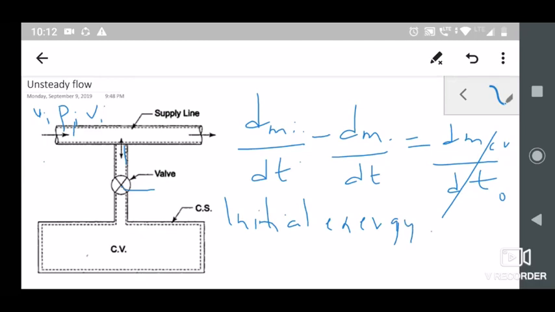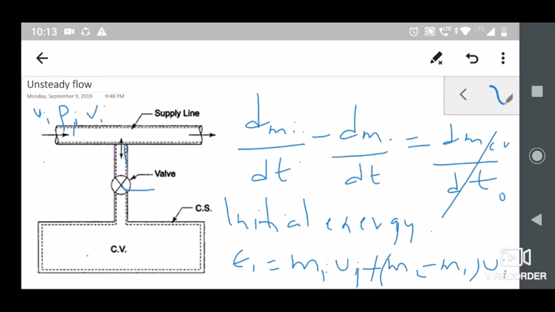initial energy E1 is equal to m1 u1, where initially you have the mass m1 and internal energy u1, plus m2 minus m1 into ui.